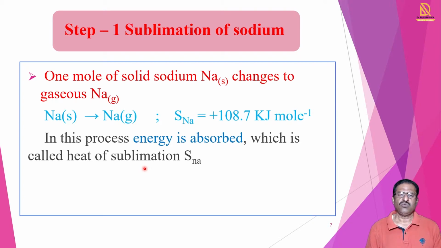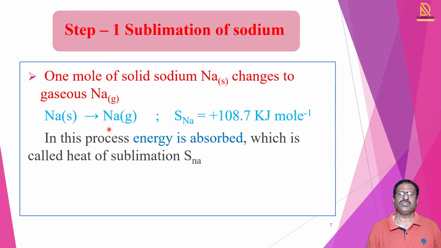When we take 1 mole of solid sodium, that is Na solid, it can be converted into gaseous sodium. How is it changed? The solid is converted directly into gas, and that is called sublimation. The energy absorbed at the time of sublimation is called sublimation energy.